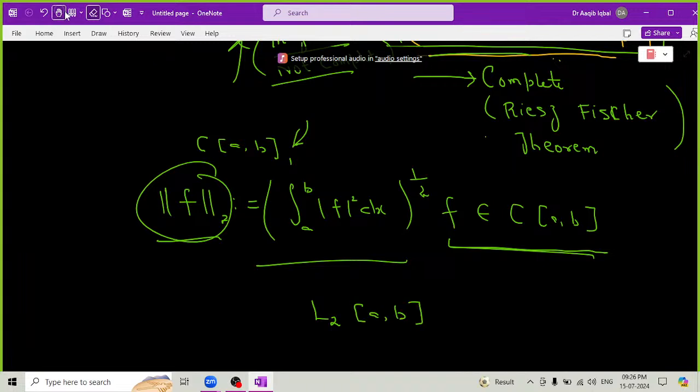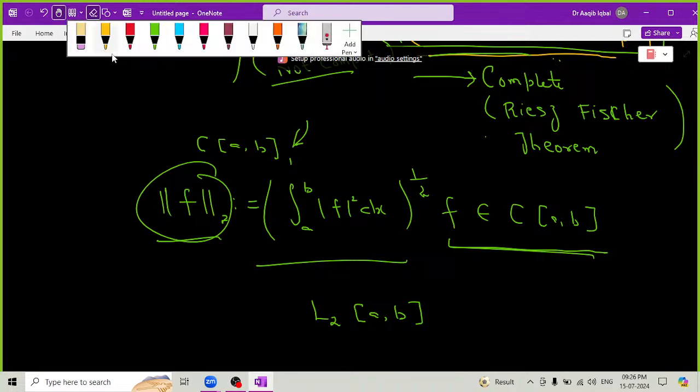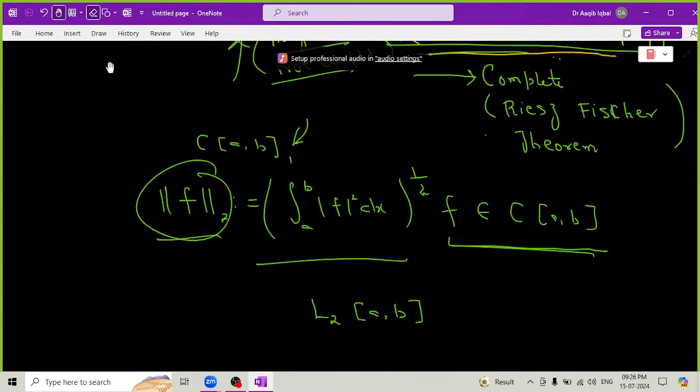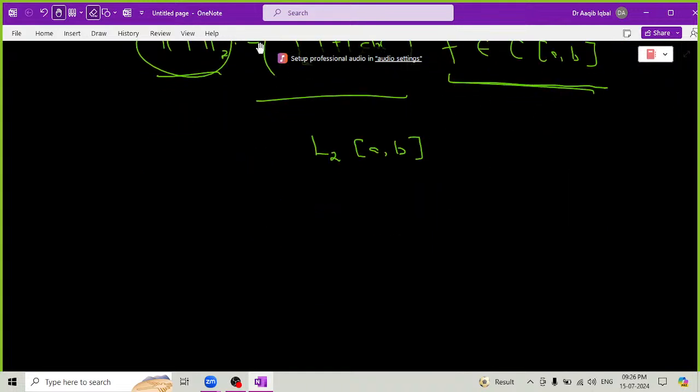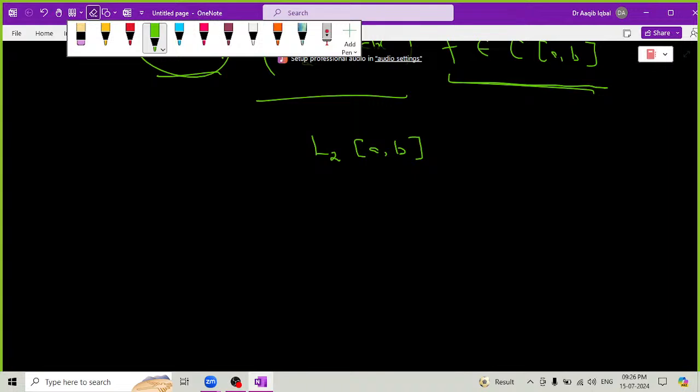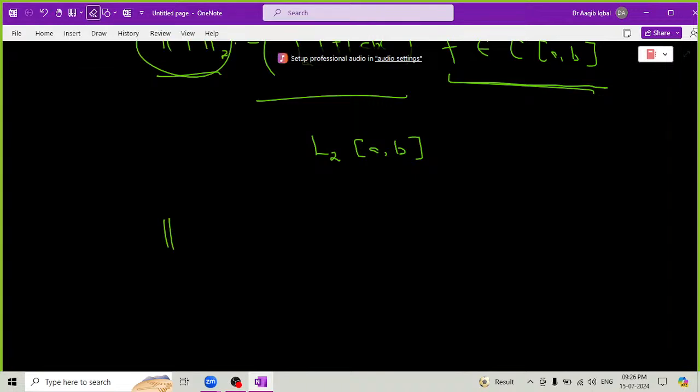Similarly, if you take C[a,b] with this, instead of using 2 here, if you use p, it will still be a norm where p is greater or equal to 1. Basically मैं आपसे ये कह रहा हूँ, if you define this function again for f in C[a,b], integral a to b mod f raised p dx, यहाँ dx इसलिए ले रहा हूँ because it's a continuous function.